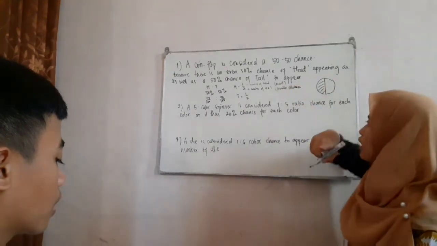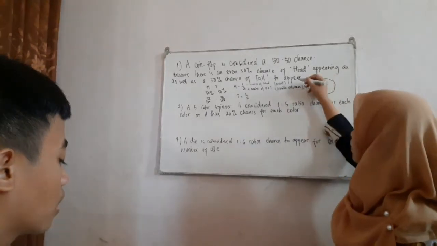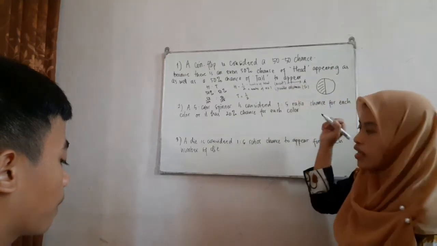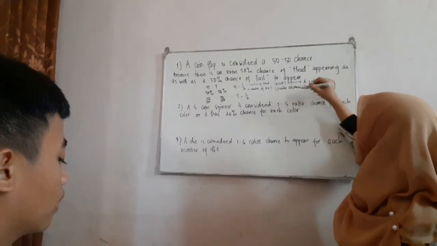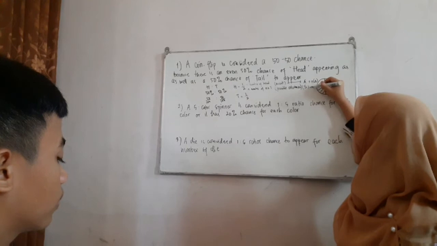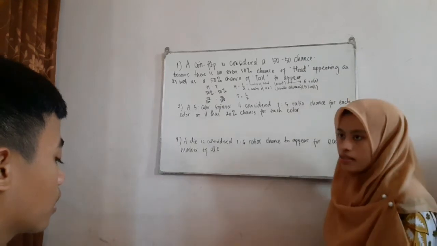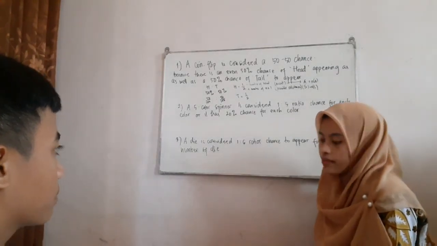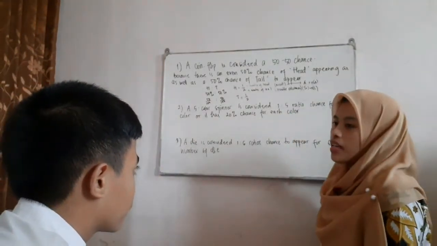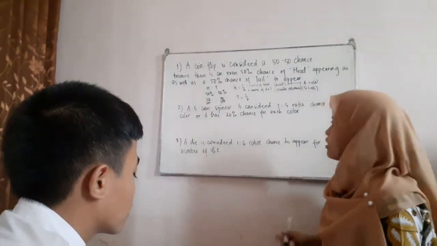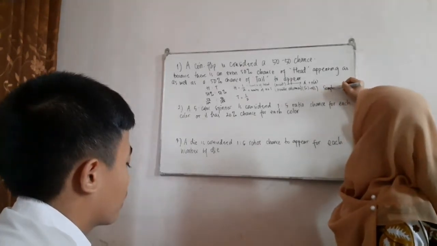The symbol in probability is S for the possible outcomes, and the event is A. And the number of events we call n(A), and the number of possible outcomes we call n(S). Do you understand? Yes, Ma'am. Okay, for your information, we call possible outcomes in probability language the sample space. Could you repeat after me? Sample space. Okay, sample space.